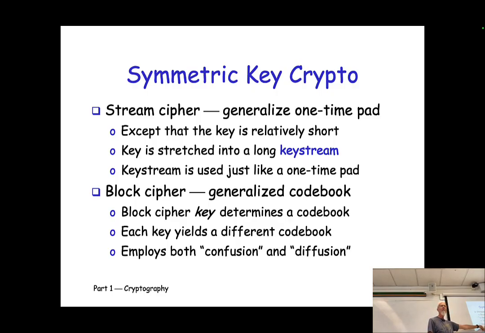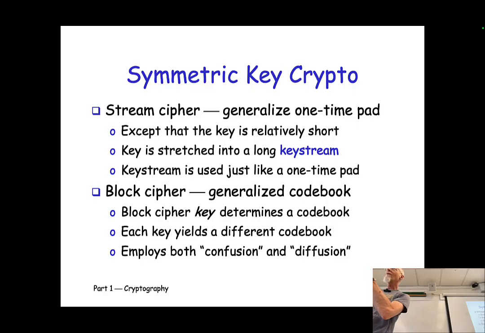In block ciphers, these generalize a code book. If you have a code book cipher and you give everybody the code book, it's not a very good cipher, because everybody knows what the code book is. So with block ciphers, there's a symmetric key, and this key, in effect, creates a new code book. Every time you change the key, you get a new code book.